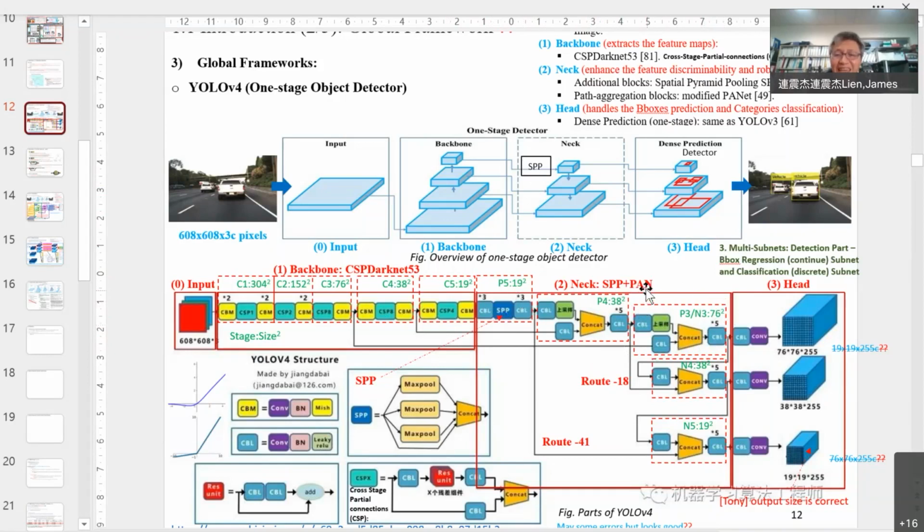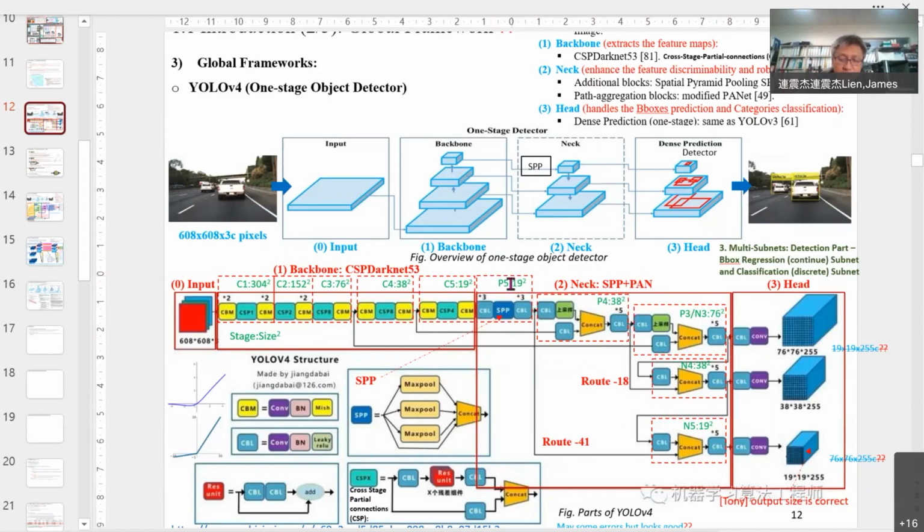Remember, PANet includes the feature pyramid network. And one more downsampling path combined together, both called PANet. So PANet includes this feature pyramid network for upsampling.